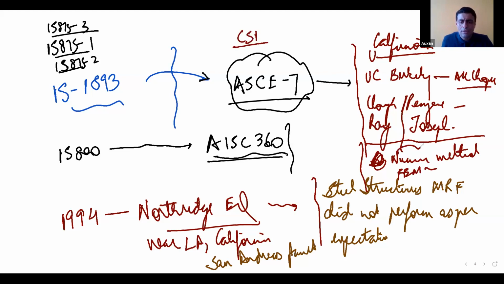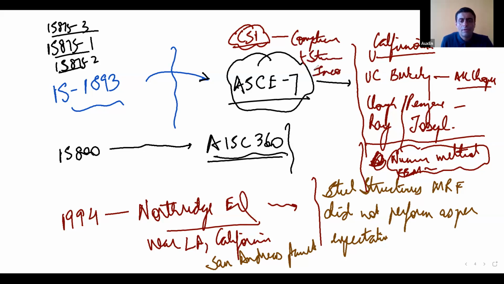I'm forgetting his name by the way, but his work in developing numerical methods for finite element analysis led to the creation of CSI. What is CSI? So CSI is Computers and Structures Incorporated.